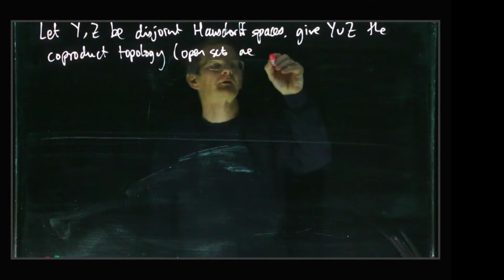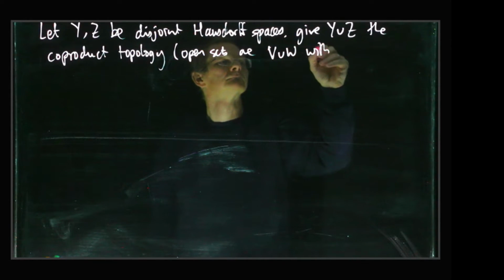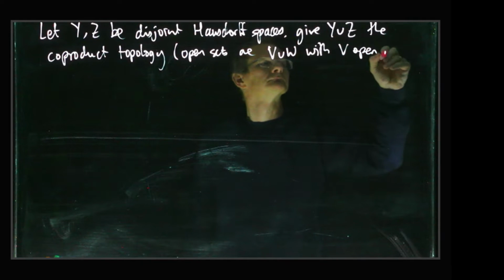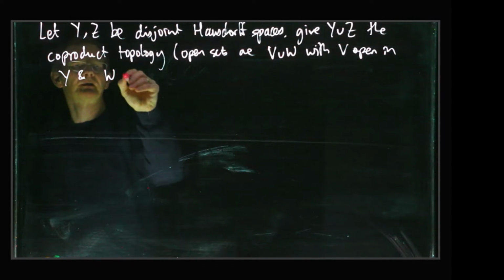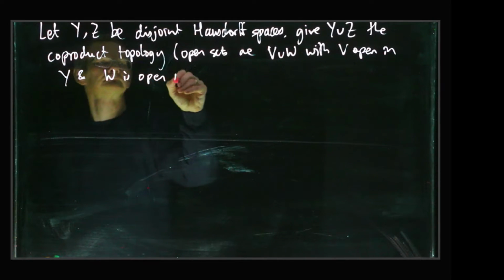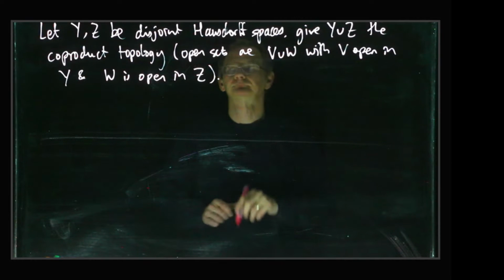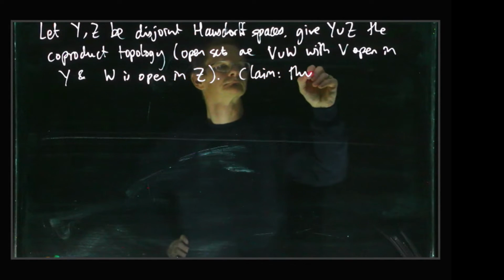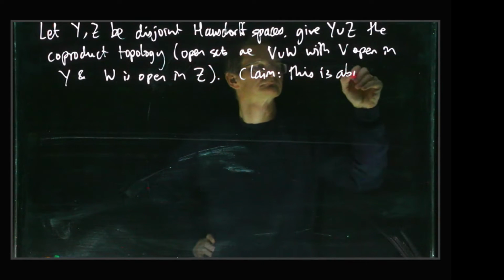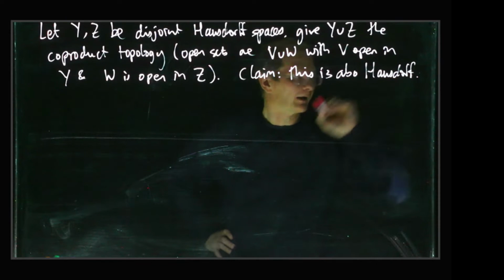The open sets are like V union W, where V is open in Y and W is open in Z. So I want to claim that this is also a Hausdorff space.